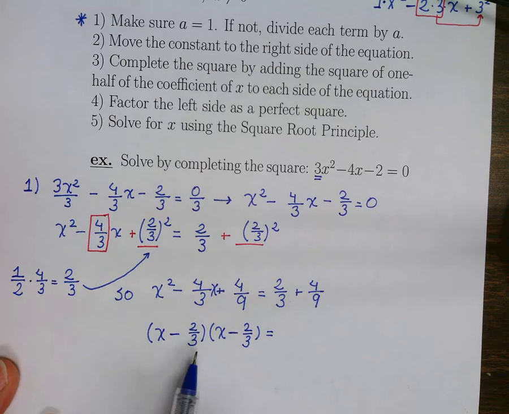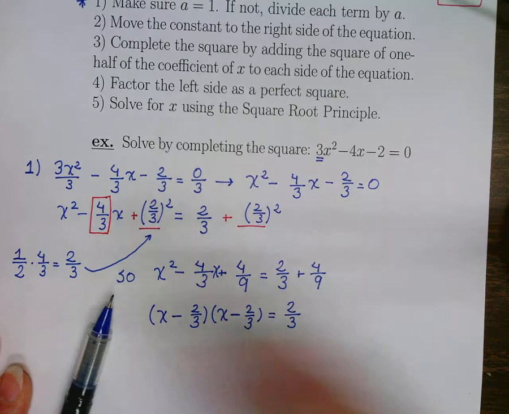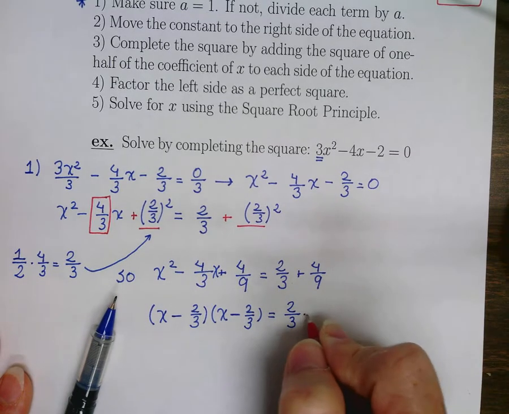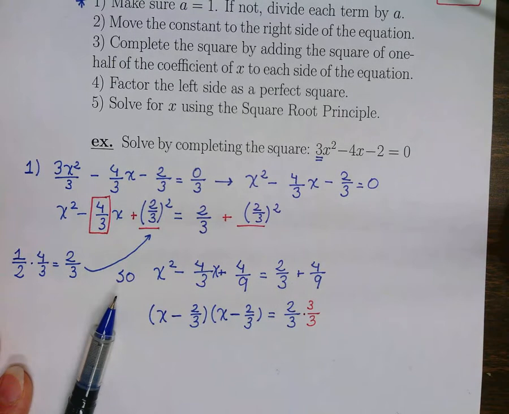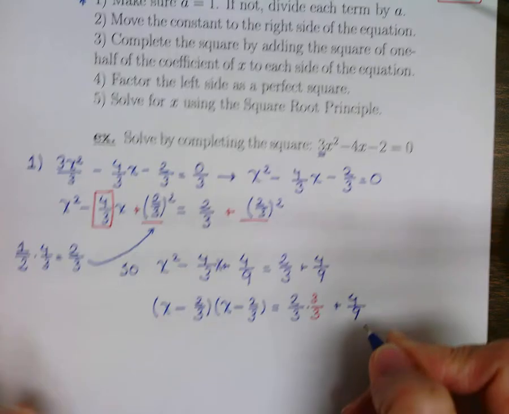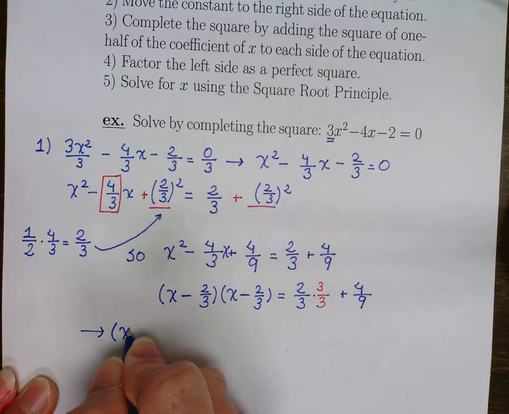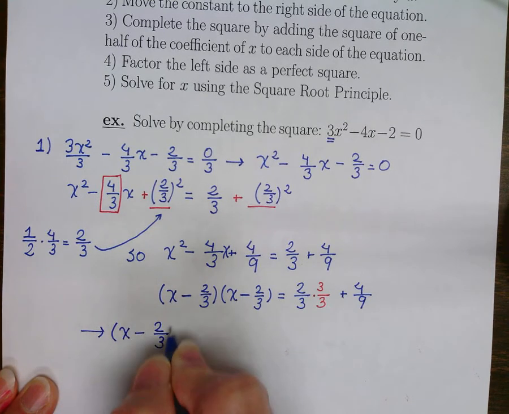And I see that if I'll have 2/3 and another 2/3, I'll have 4/3 x. So it works. And this is going to be 2/3. I'll need to multiply by 3. And I have done exactly what I wanted. Now I've written the left-hand side as a perfect square.